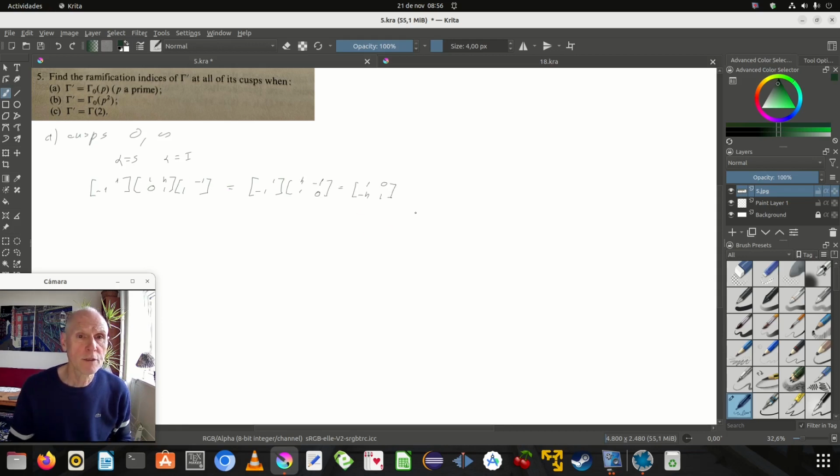And the question is when this lies in gamma naught of P, and that's of course exactly when h divides P. So that means the ramification index of naught is P.